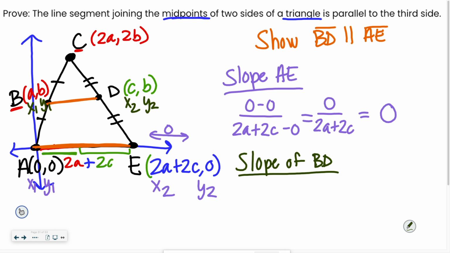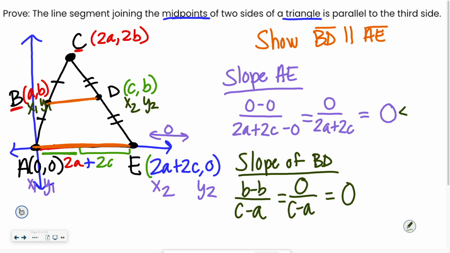So if we take our y coordinates and subtract, we're going to have b minus b all over c minus a. b minus b is 0. c minus a, it would just be c minus a. 0 divided by anything, folks, is a goose egg. So look at us. We got the same. It was kind of ugly to get there, but we did it. But since their slopes are the same, they are indeed parallel.